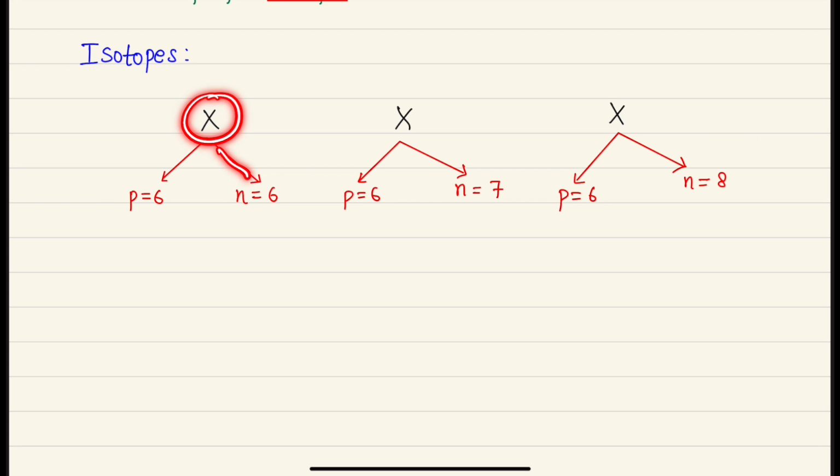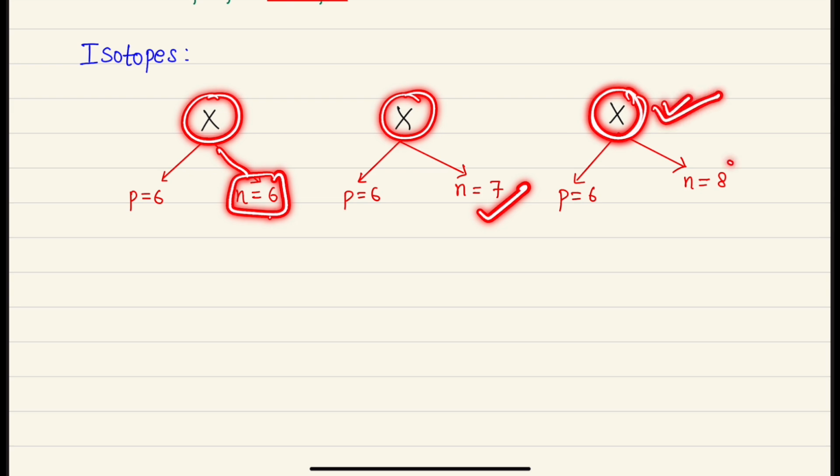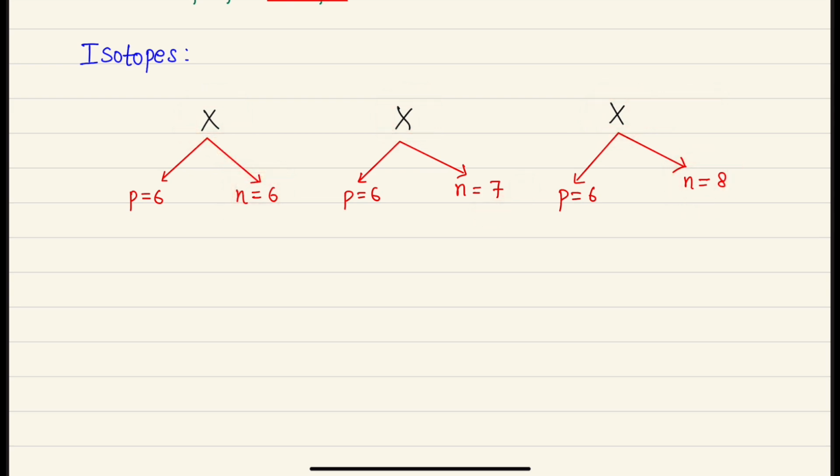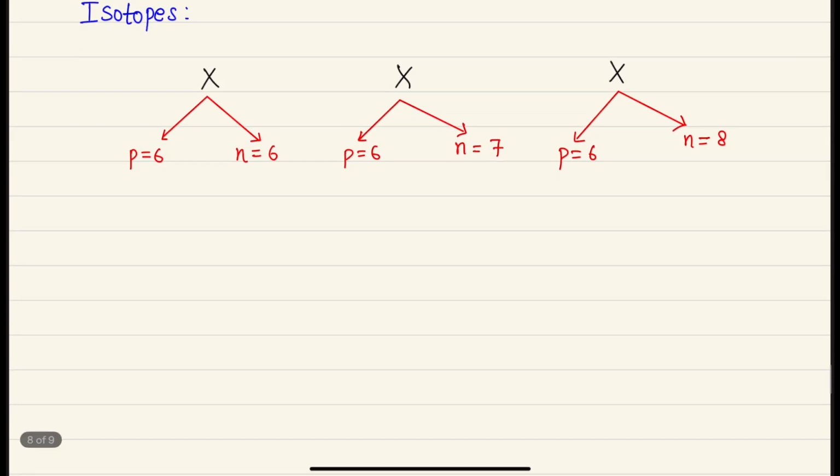But in this atom we have 6 neutrons, here 7 neutrons, and in this atom we have 8 neutrons. It means all these atoms of the same element have the same protons but different neutron numbers, and such atoms are called isotopes. Okay, now write the definition.